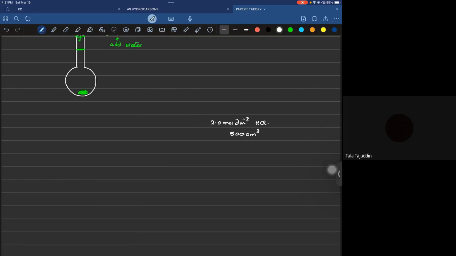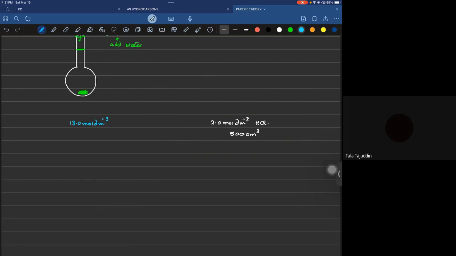We need this much volume of HCl at 2 mole per dm cube. In the lab, I know that when I purchased HCl, the concentration was 13.0 mole per dm cube. It's highly concentrated.